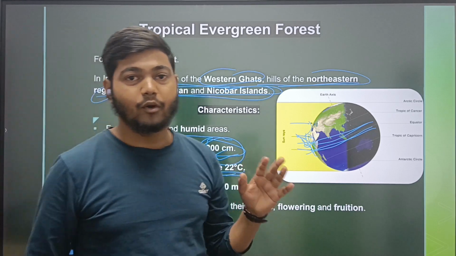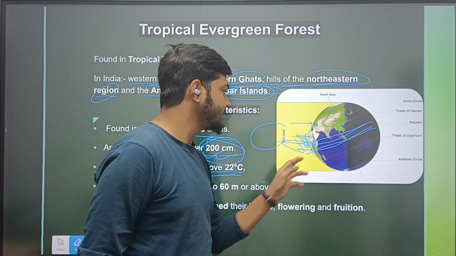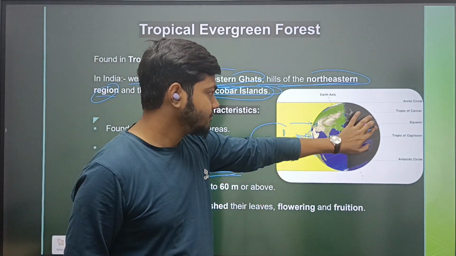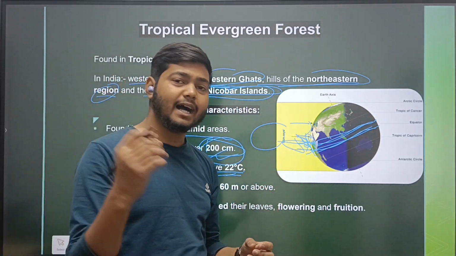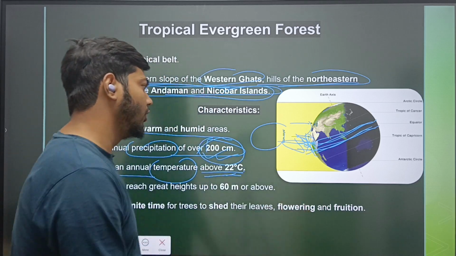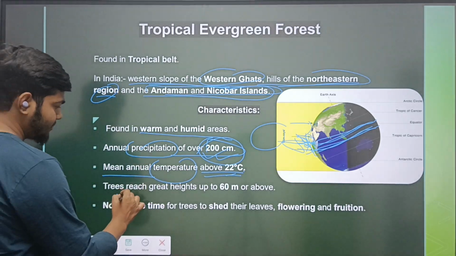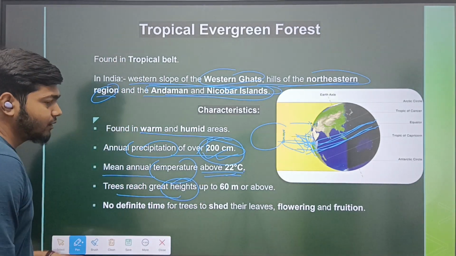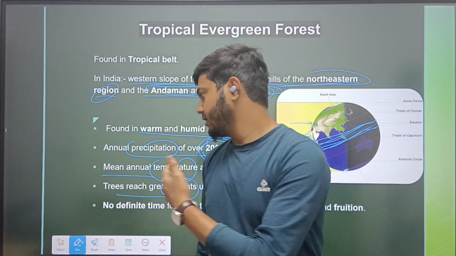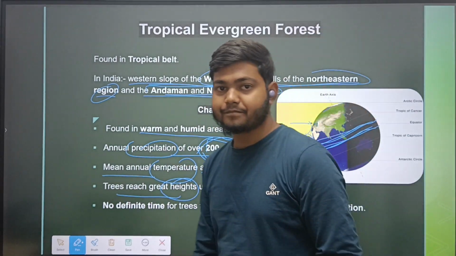Both points are clear: due to vertical sun rays, this region has high temperature and high intensity rainfall every day. Trees reach great heights, up to 60 meters or above.